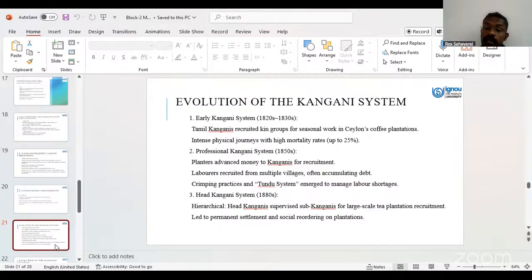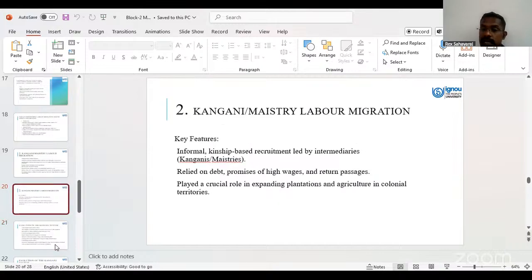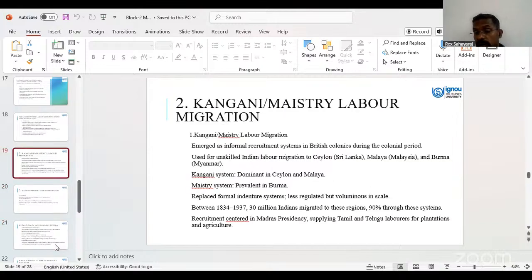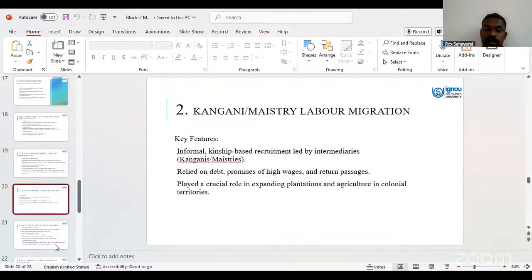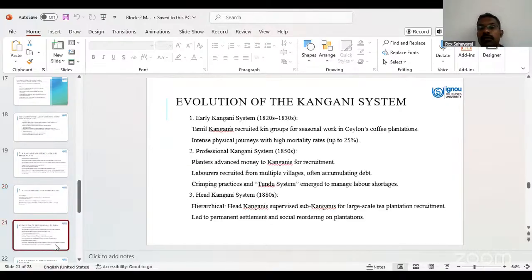So the British government promoted this Kangani system. In the previous slide, we learned 90 percent of them were recruited through the system to those countries. Imagine, out of 30 million, 90 percent through the Kangani system means it is informal and able to recruit more people, and because the payment is given well ahead, they have to work there without pay, right? So the evolution of the Kangani system: the early Kangani system is 1830s.